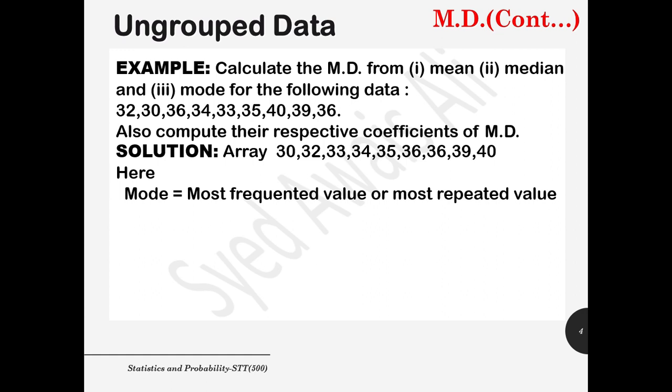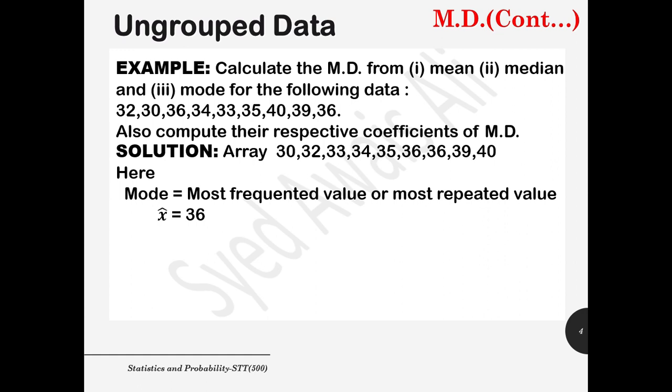What is mode? Mode is the most frequent or most repeated value in any ungrouped data. Here our most frequent value is 36. So x hat is equal to 36.